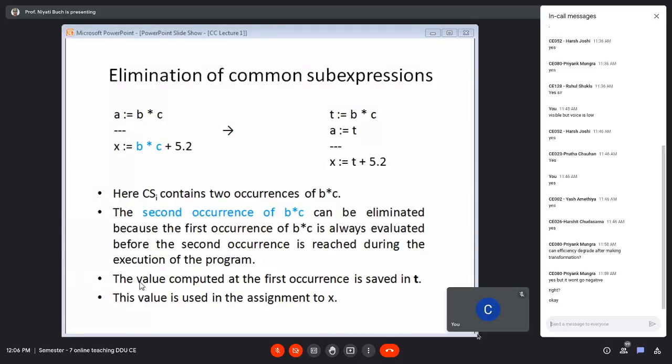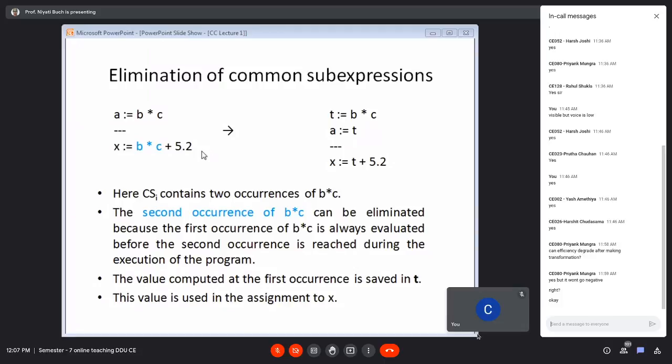Say suppose over here in our code, on the left as you can see, B into C is stored in A. So there is an expression B into C. Now further down in our code, again this sub expression is observed, B into C plus 5.2 or something.